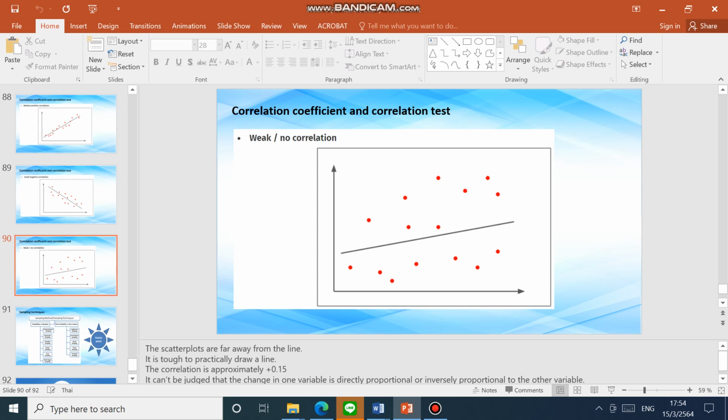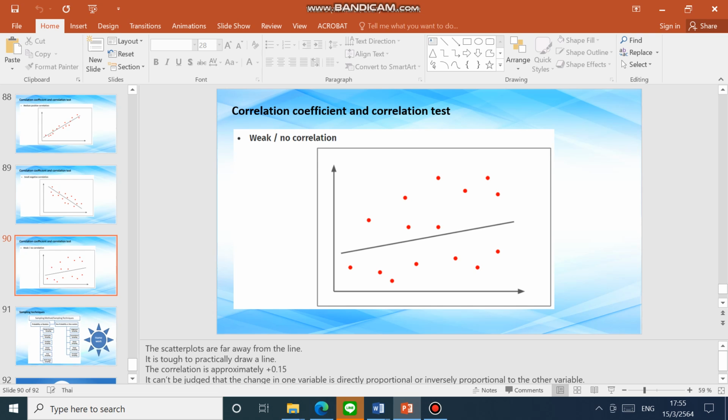Sometimes it's very difficult to identify the straight line that represents the scatter plots. So the correlation is approximately, let's say, plus 0.15. It cannot be judged that the change in one variable is directly proportional or inversely proportional to the other variable, because you have a weak relationship between the two variables, or no correlation is identified.